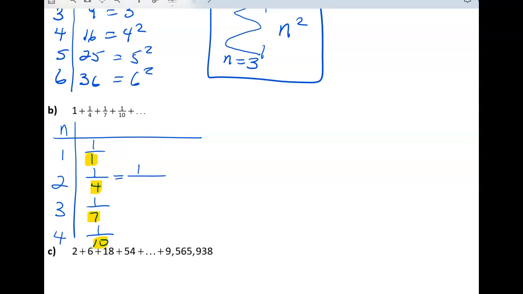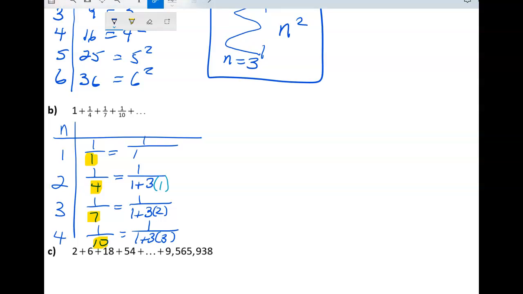So we can work with the denominators as a pattern here, and the denominator 4 comes from adding 3 to 1. The denominator 7 comes from 1 plus 3 times 2, and 10 comes from 1 plus 3 times 3. Let's put in some hidden numbers here, like 3 times 1 for just plain 3. And then for our initial term, this could be 1 over 1 plus 3 times 0.